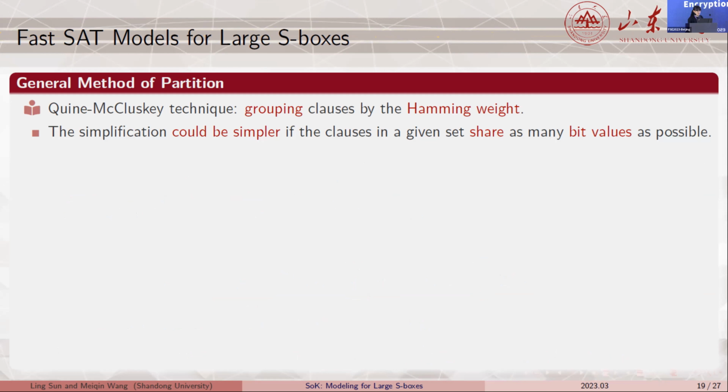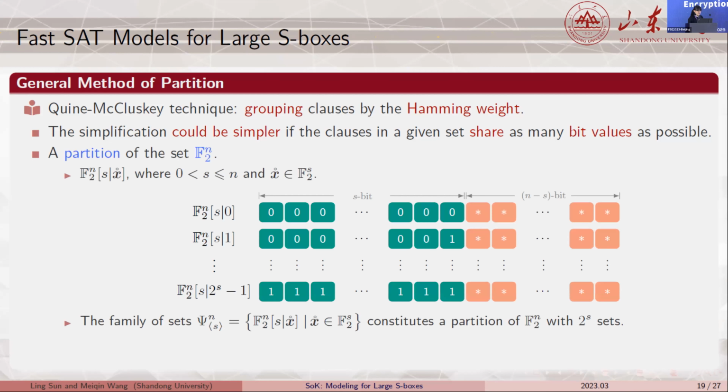To create a general method of partition, we start with the partition of the set F2^N. Here, we use this symbol to denote a subset of this set, and all vectors in this set should satisfy that the first bit value equals this value. With the following figure, we may have a better understanding.